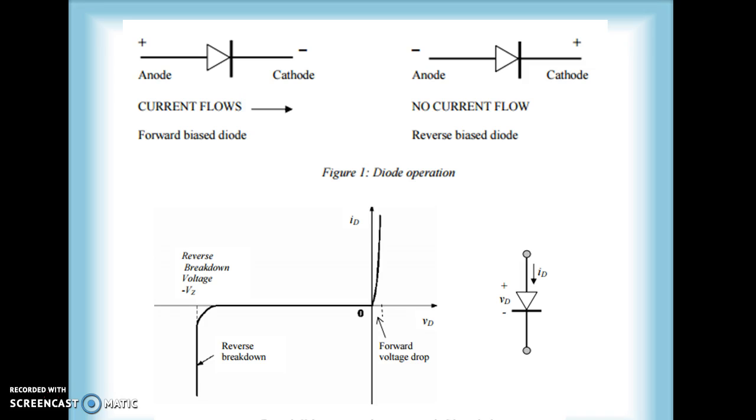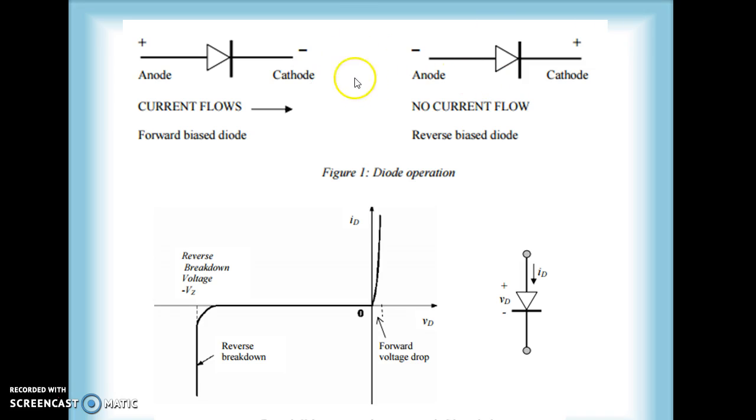However, some voltage drop is there, of the order of 0.7 volt for silicon and 0.3 volt for germanium. In reverse bias, when we connect the anode to negative and the cathode to positive, no current will flow. The diode will act as an open circuit.